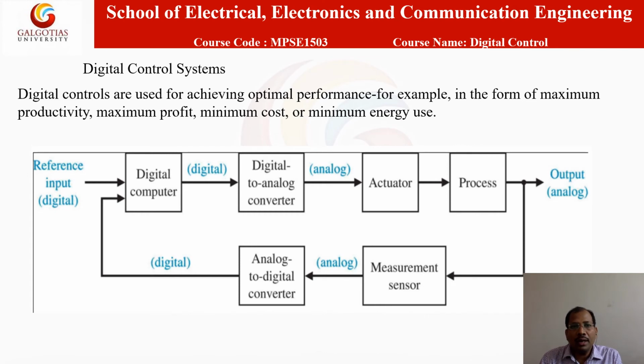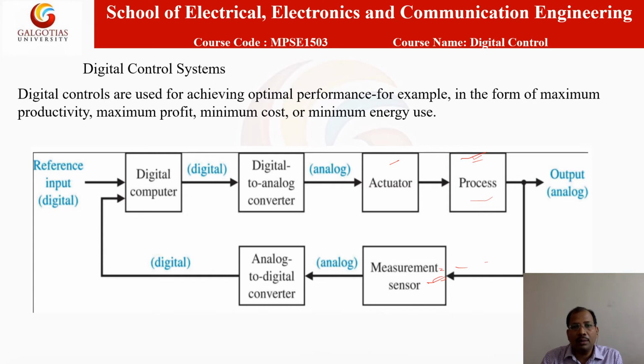This is another digital control system representation. You can see this is the process, and here is the actuator. These processes are in the continuous domain. We measure using sensors or other devices, then we convert these analog signals into digital form using the analog to digital converter. Then we apply it to the digital computer.